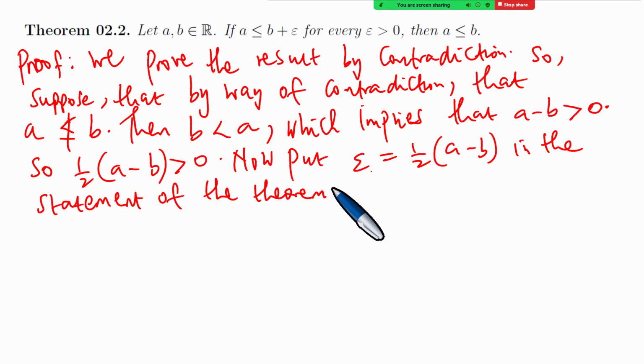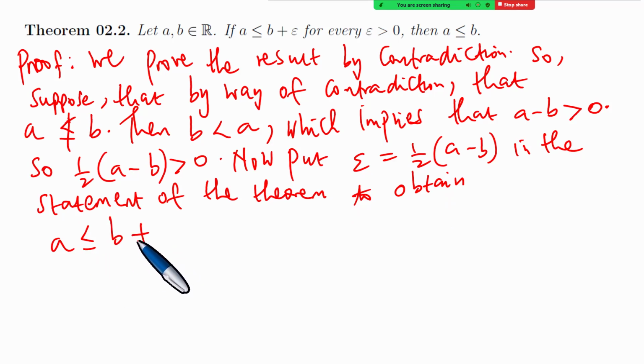write to obtain A is less or equal to A minus B is, okay.